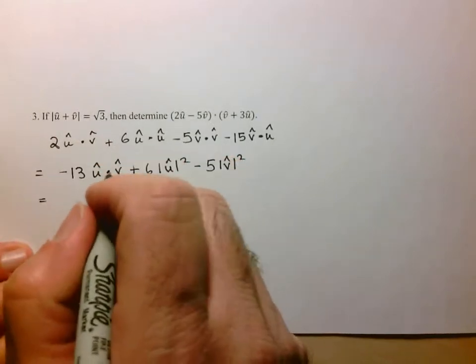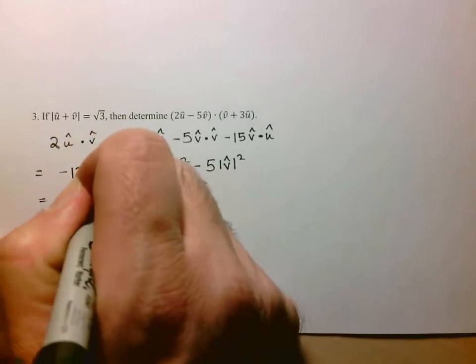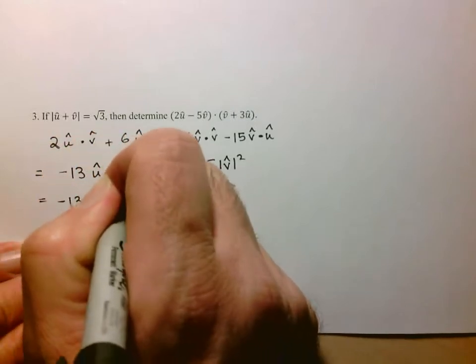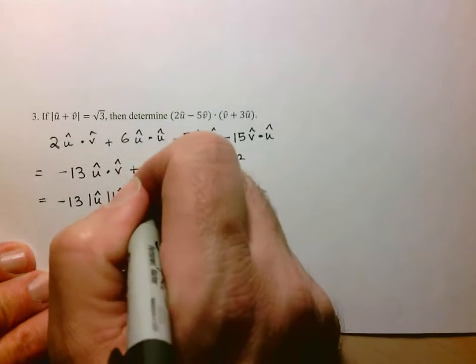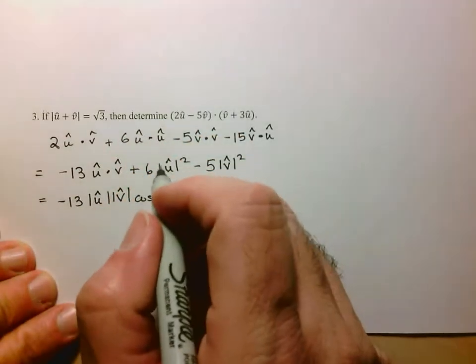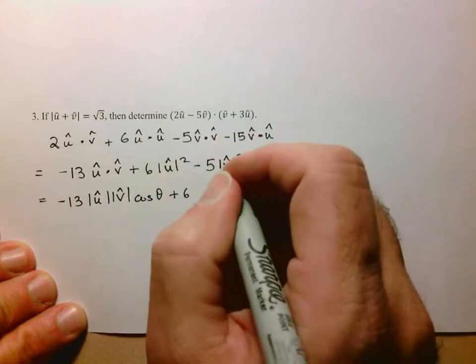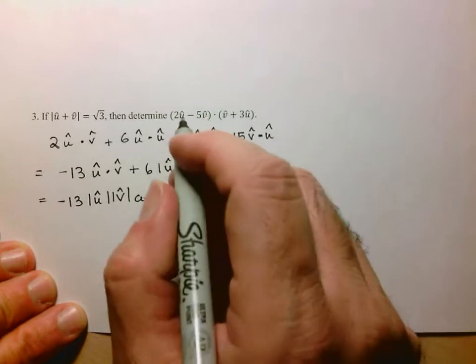Well, I know u dot v, we have a definition for that. We know that that's just the magnitude of u times the magnitude of v times cosine of the angle between them. Now here the magnitude of u is just 1, so 1 squared is 1, so we just have plus 6. And similarly, v is also a unit vector, again because of the hat.